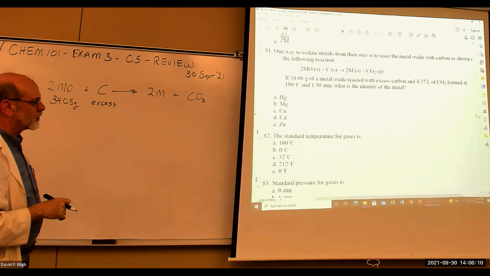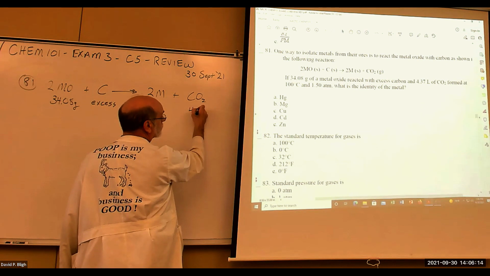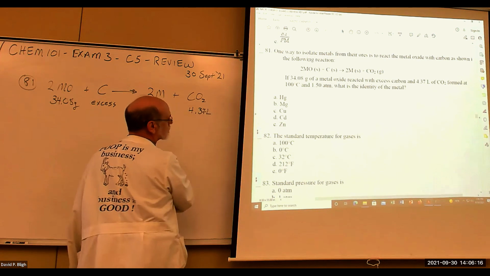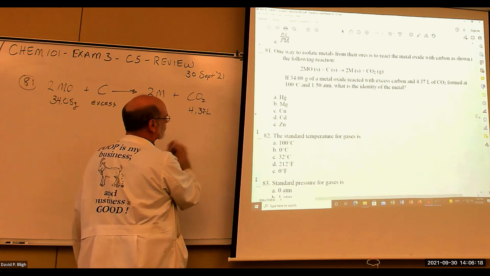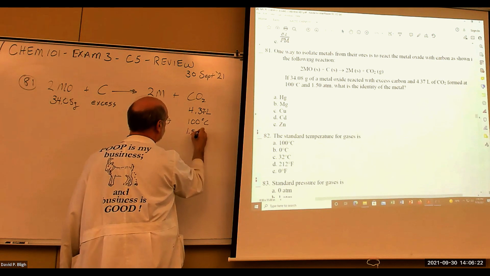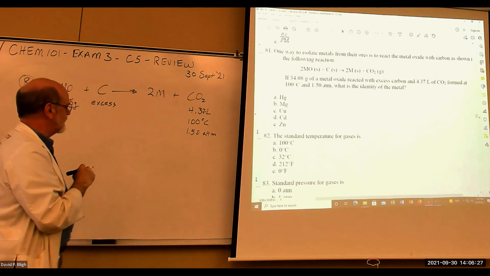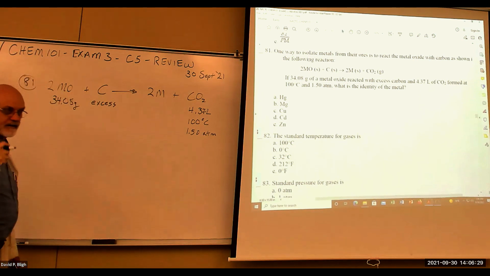And 4.37 liters of carbon dioxide at 100 degrees C and 1.5 atmospheres is formed. What's the identity of the metal? How do we tell the identity of the metal? Well, we don't know the number of protons, and there's no way to find it.